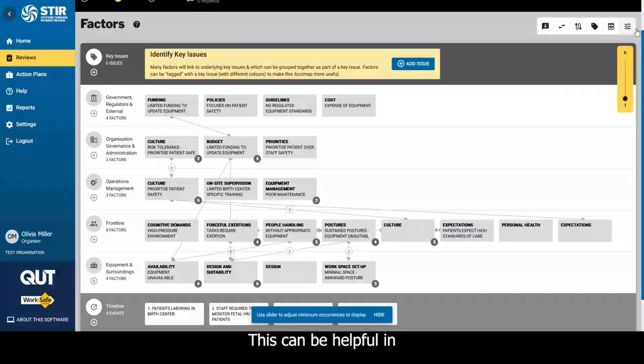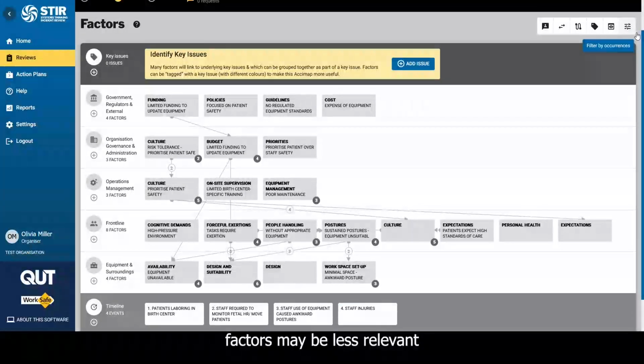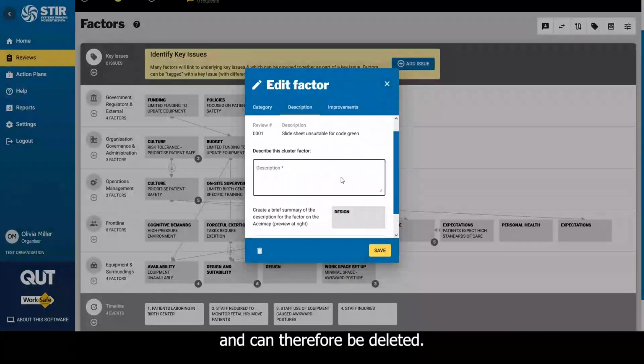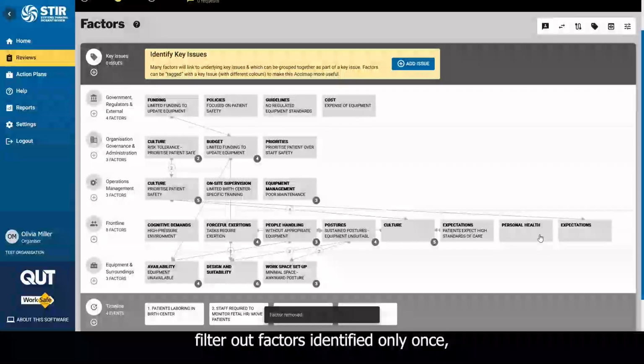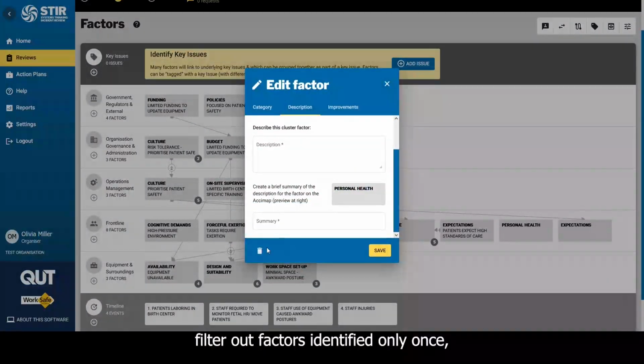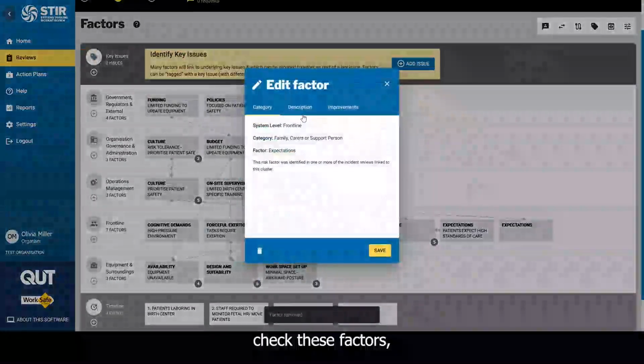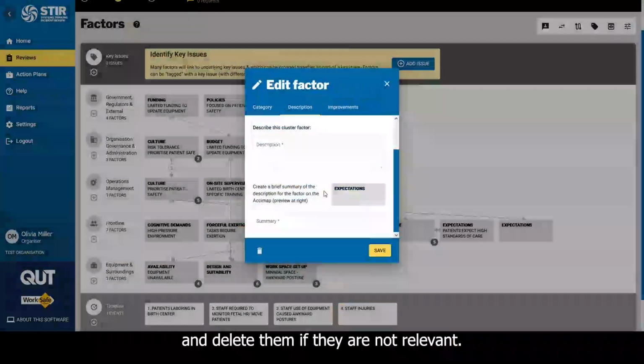This can be helpful in identifying which factors may be less relevant to the cluster and can therefore be deleted. For example, we might filter out factors identified only once, check these factors, and delete them if they are not relevant.